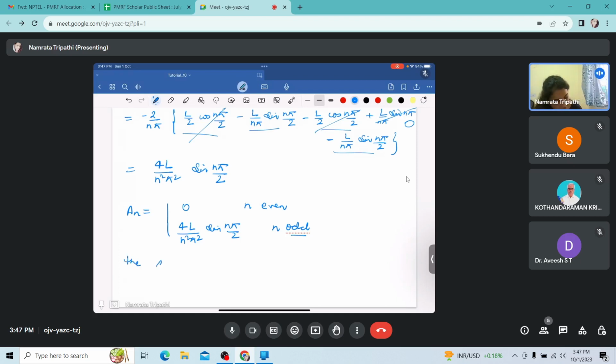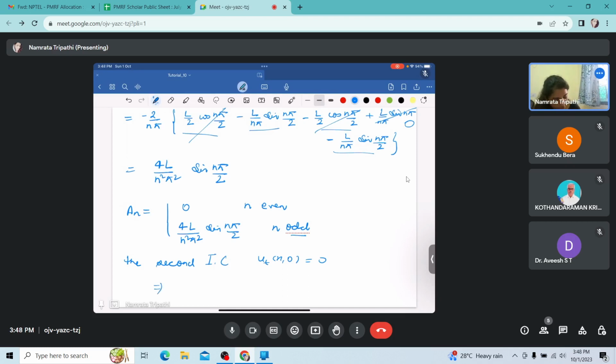The second boundary condition, sorry, initial condition, not boundary. U of x comma 0 is 0. So you have to again differentiate partially with respect to t and put the value of t equal to 0.